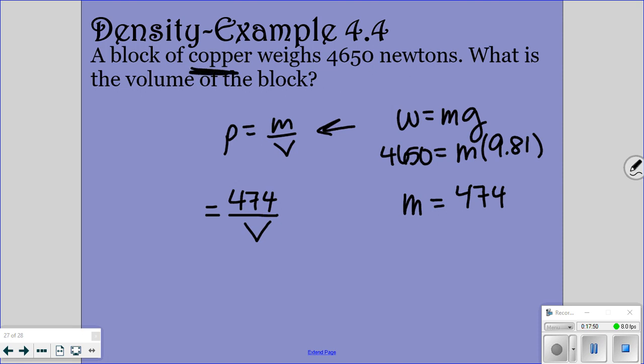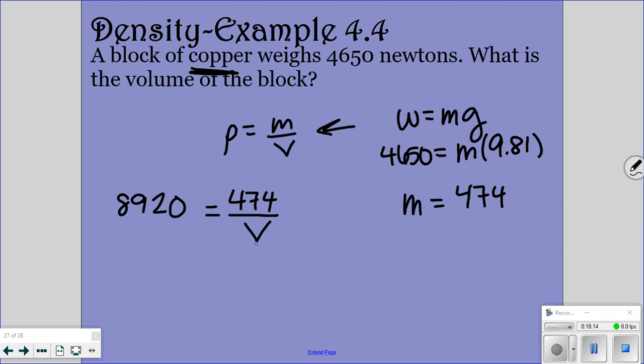And we're looking for copper. It's over on the left side. Hopefully you're seeing it. It's 8,920. You won't have to memorize these numbers. If you need them, they'll either be given to you or you'll have the table to use them. So don't worry about having to memorize different density numbers.